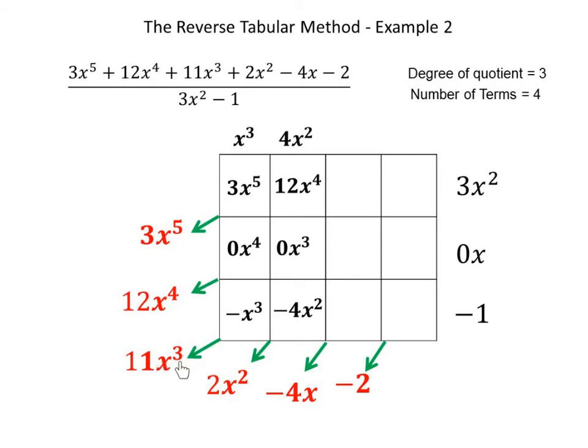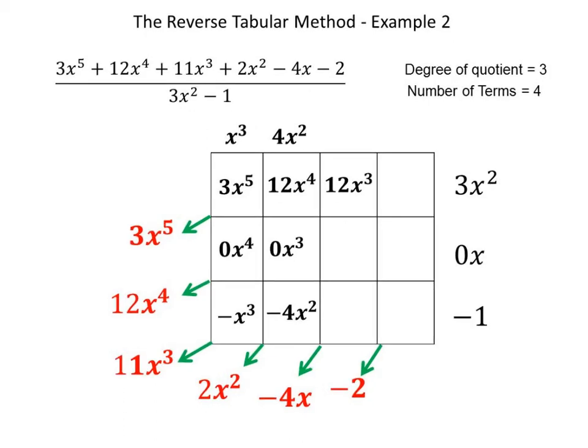The only way to get 11 is to put 12x cubed right here. Negative 1 plus 12 will give me 11.